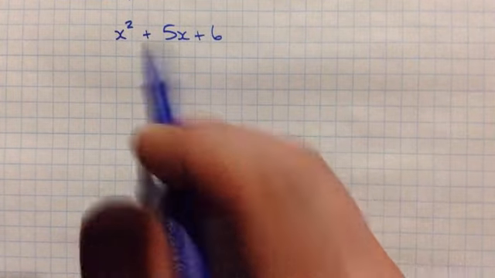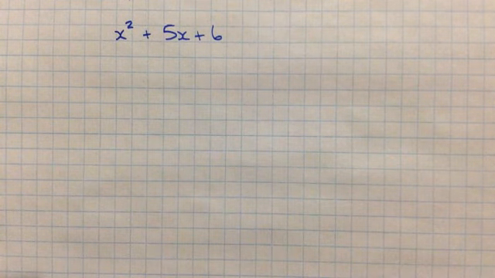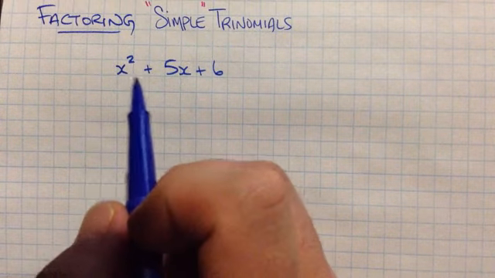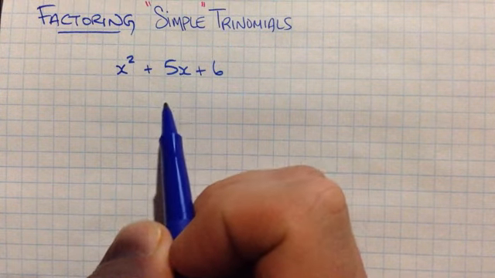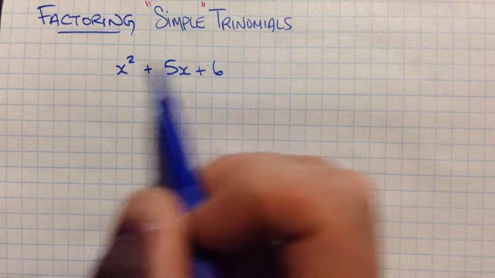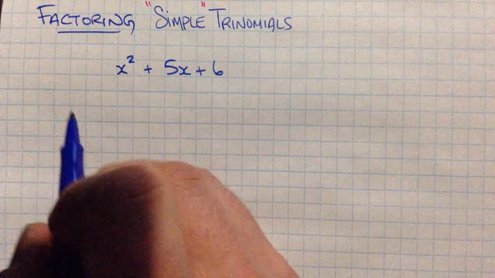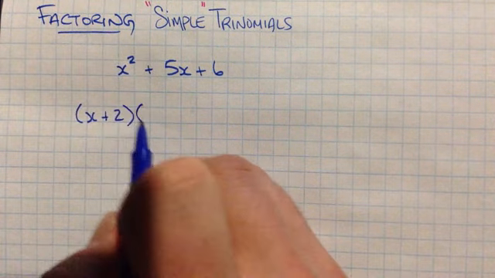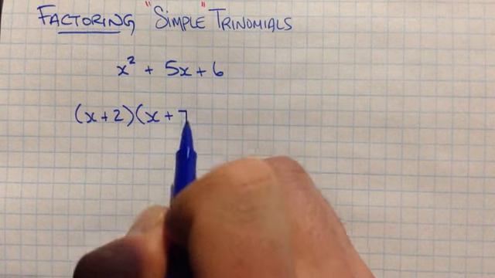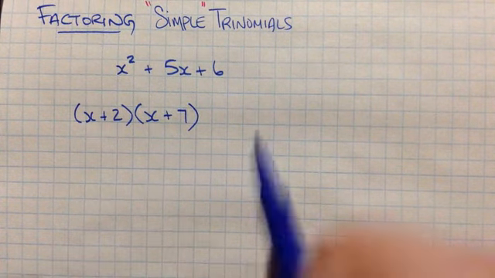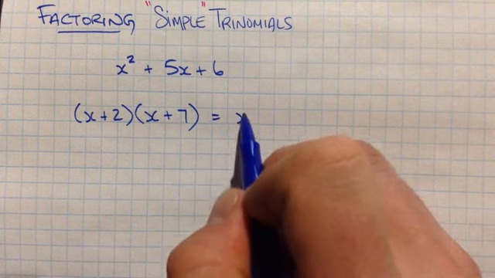Let me just show you a quick example of where these numbers come from that we want to try to end up with. So factoring means that we're going to break this apart into 2 or more factors, or things that will multiply together to give us this expression if we were to simplify it. So for example, if I start with something that's already factored like this, here I have a binomial, and we're used to expanding these.